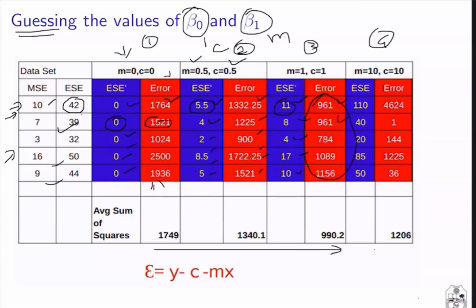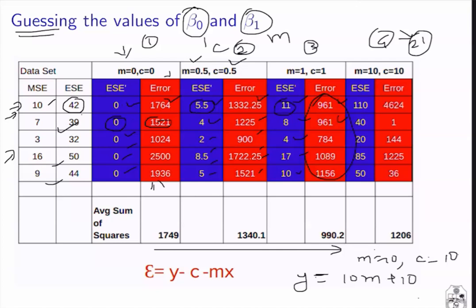Now suppose at the end of around the 21st iteration, the value of m is 10 and the value of c is also 10. Now the equation of the line becomes 10 times m plus 10.